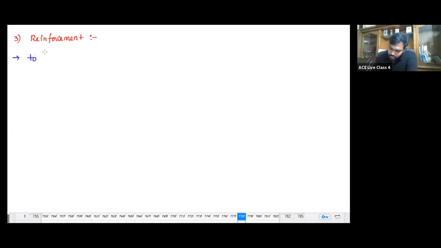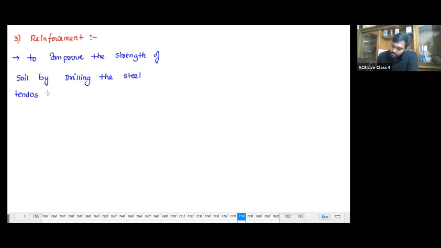To improve the strength of soil by drilling the steel tendons or mesh wires into the soil, we are going to call it reinforcement.